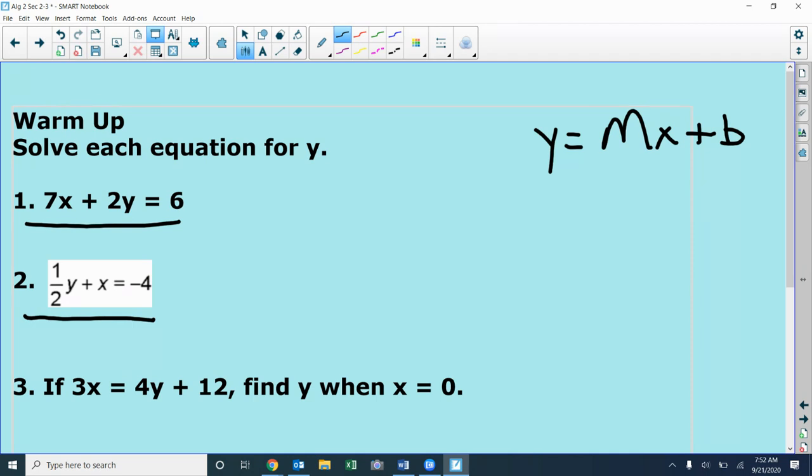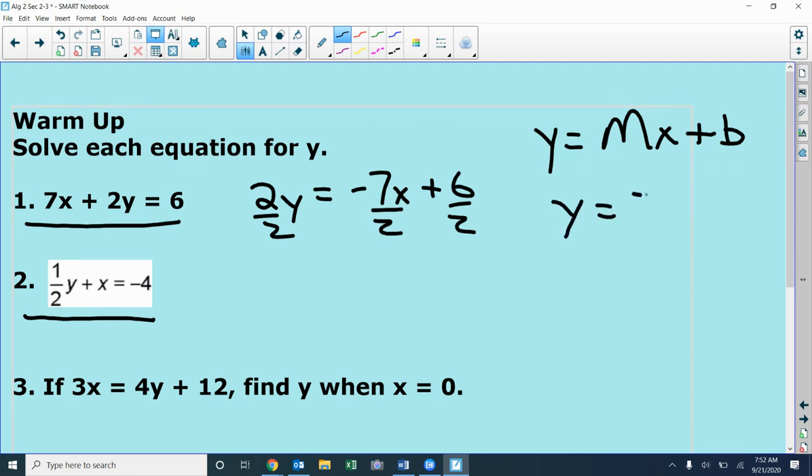All right, I'm going to take that 7x over, so I'm going to have 2y equals negative 7x plus 6. And then, of course, I need to divide by 2. So, can we get some fractions? We sure can. That's okay. Y equals negative 7x over 2, plus 3.